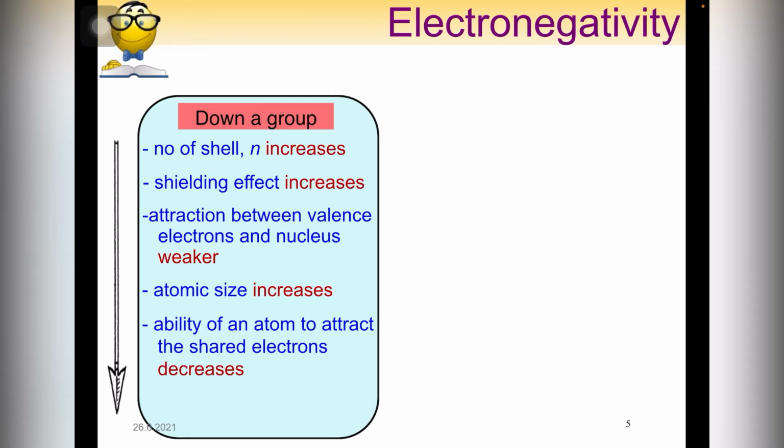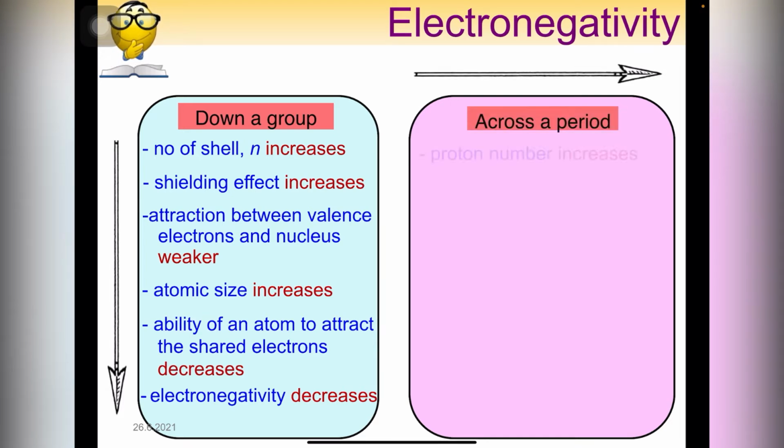So what happens to the electronegativity? It decreases. As the atomic size increases, the ability of the atom to attract the electron decreases. So that's why the electronegativity decreases.